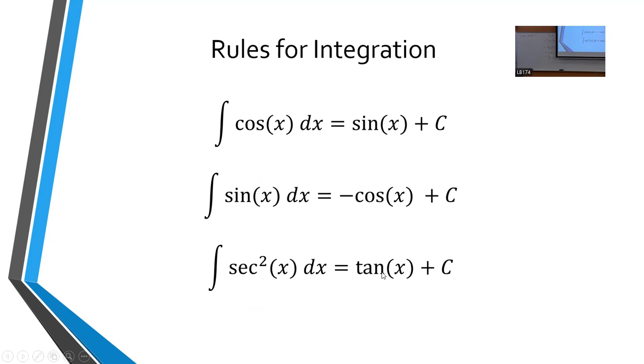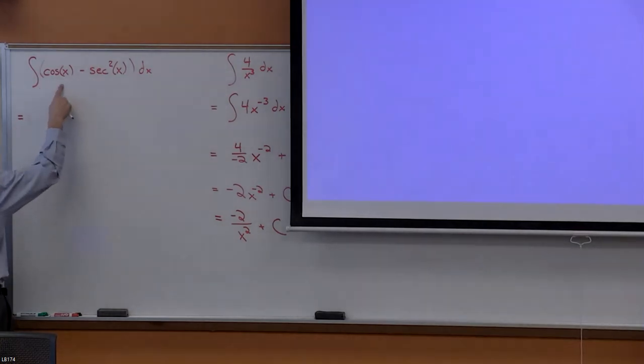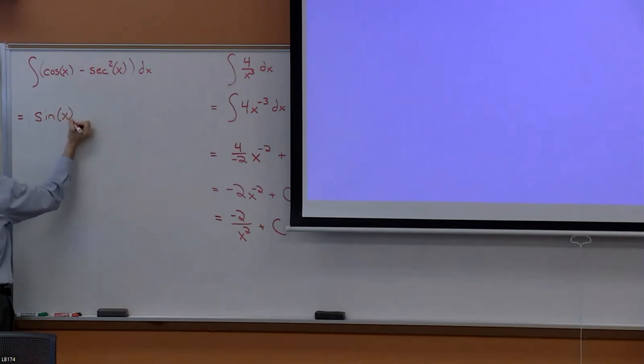So when I have something like cosine minus secant squared that I'm taking the antiderivative of, the cosine piece has antiderivative of sine x.